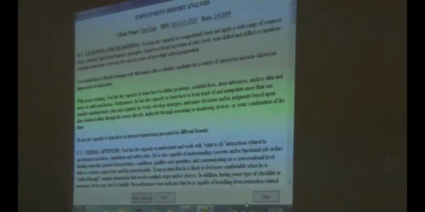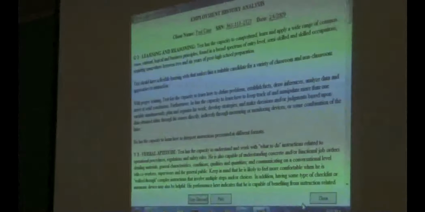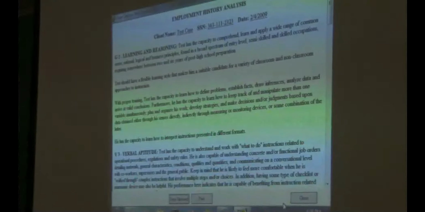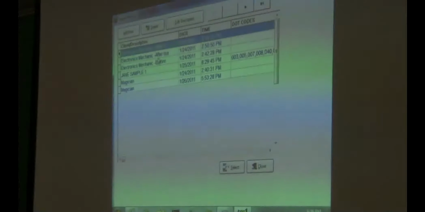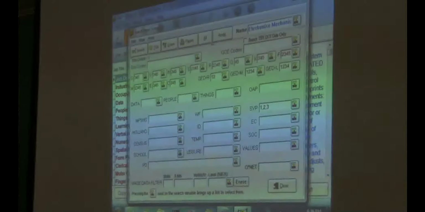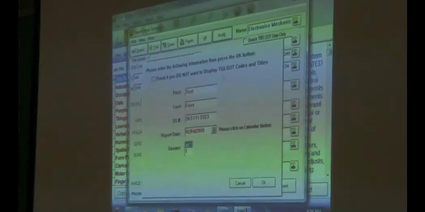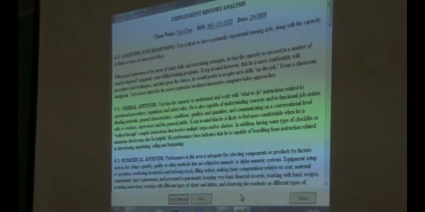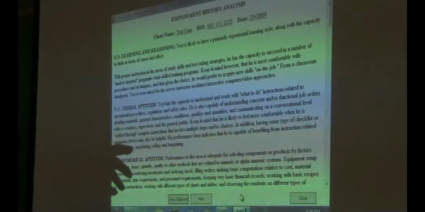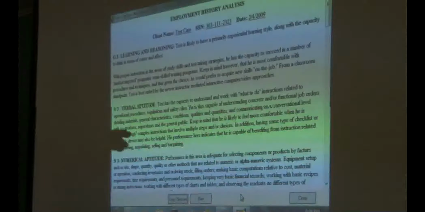Okay? Now, what we're going to do is take a look at him afterwards. So that was him before. Now we're going to look at the after picture. Post-morbid, he is likely to have a primarily experiential learning style along with the capacity to think in terms of cause and effect.